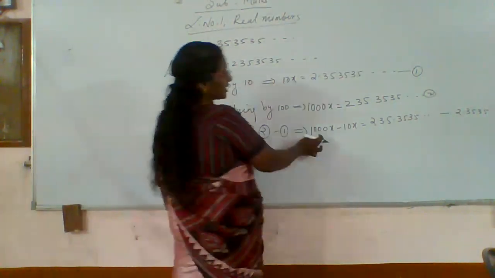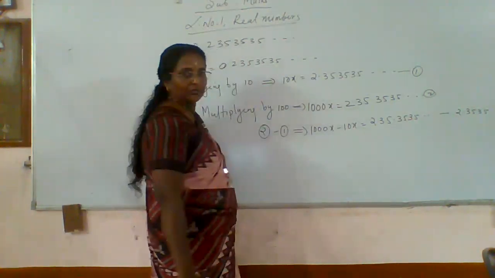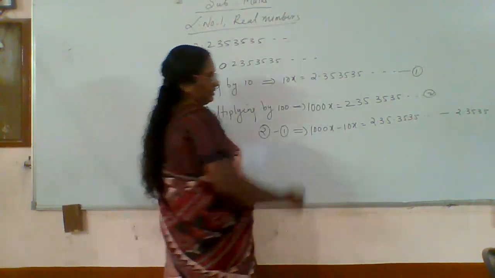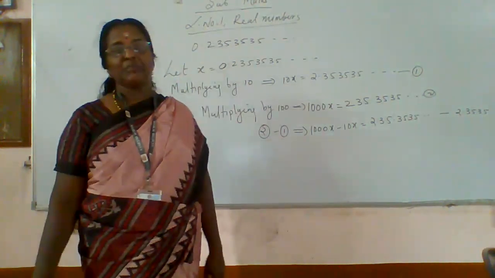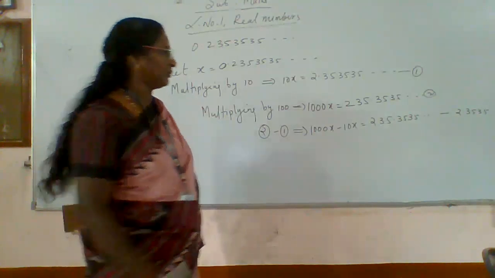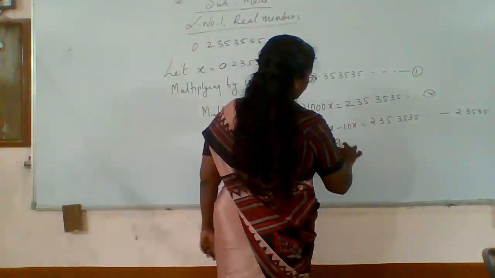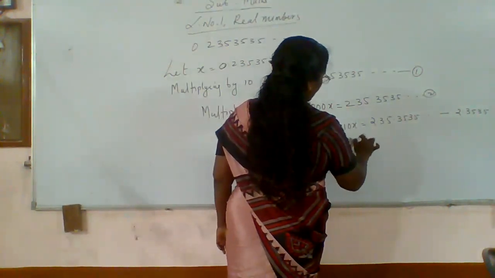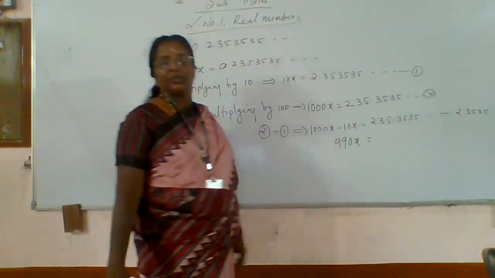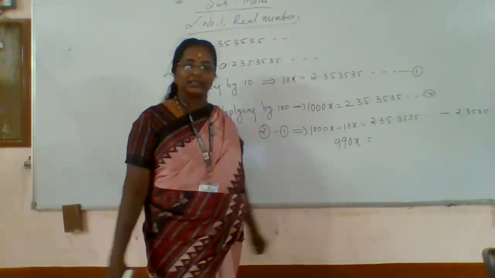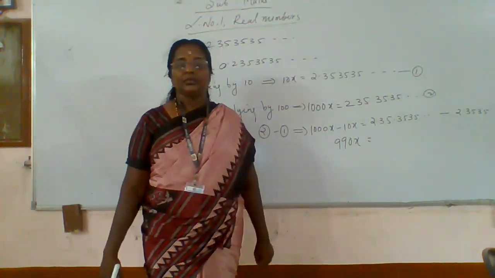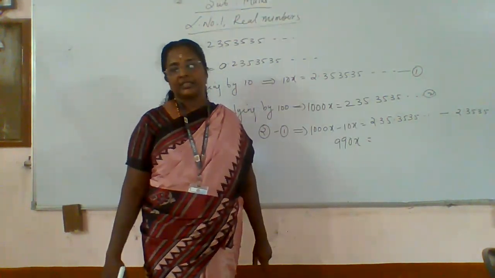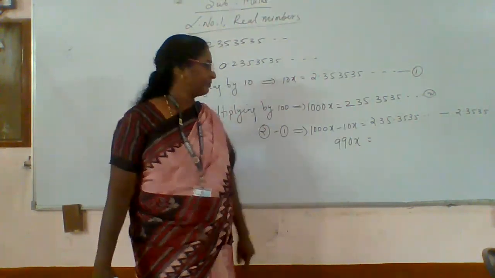1000x minus 10x, how much will come? 990x. Subtraction, some of you may not be knowing, so subtract and see: 1000 minus 10 is 990.